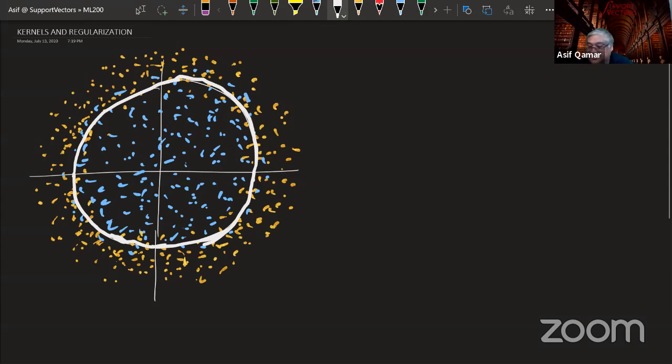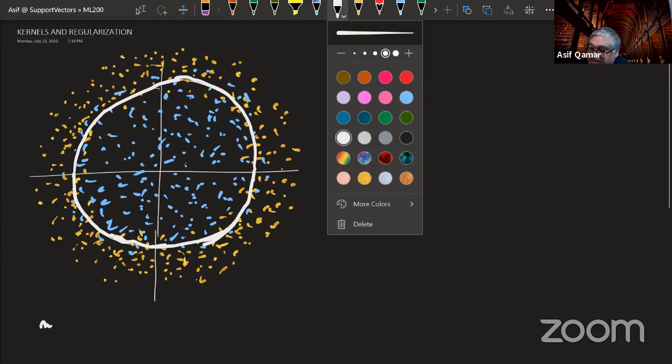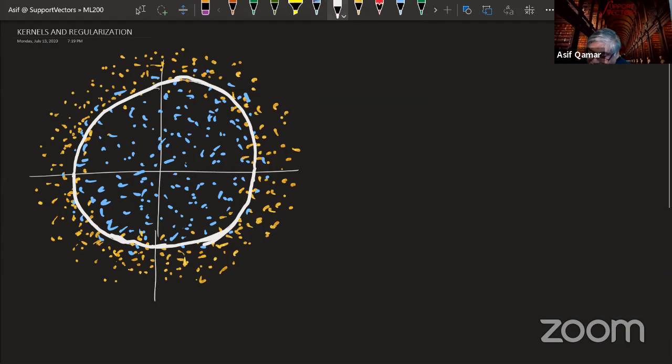So these are your decision boundary. Now, this is evidently a nonlinear decision boundary, isn't it? So I'll just say nonlinear in the original space.